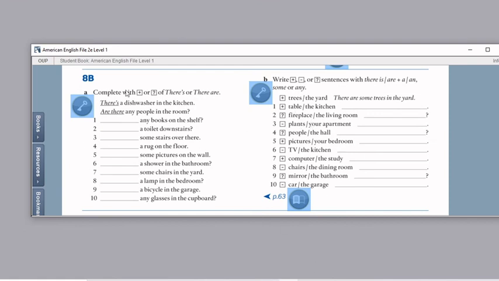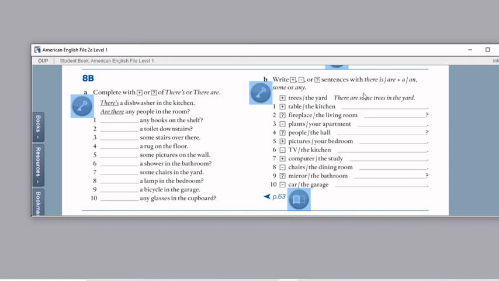Write affirmative, negative, or interrogative sentences with there is or there are plus a, singular, in the affirmative, negative, and interrogative, or some, plural, affirmative sentences, or any, plural, negative and interrogative.